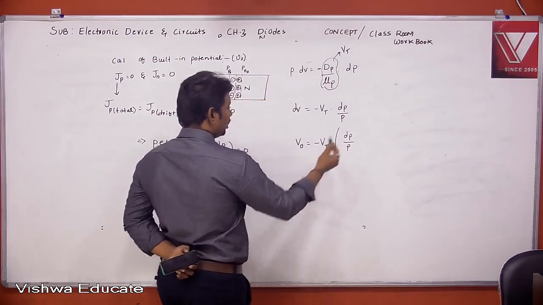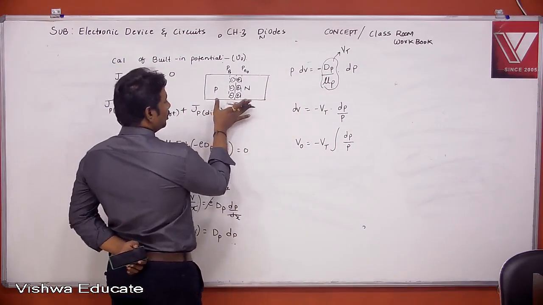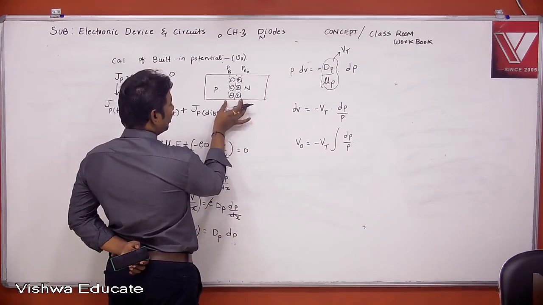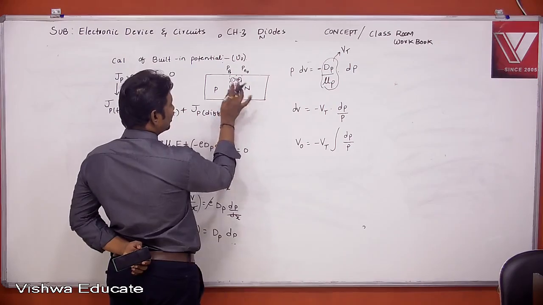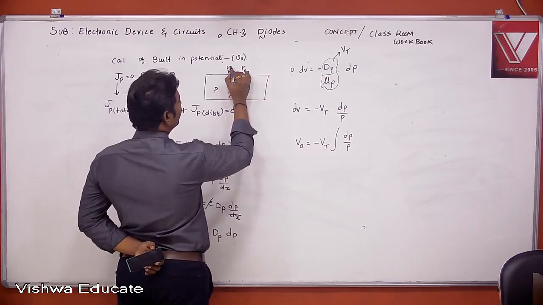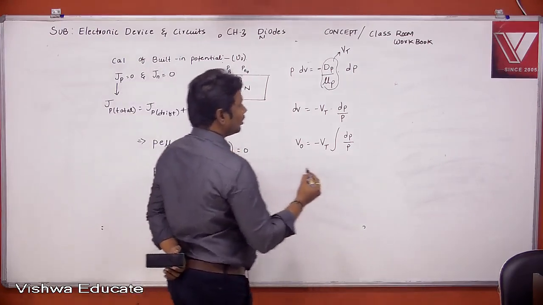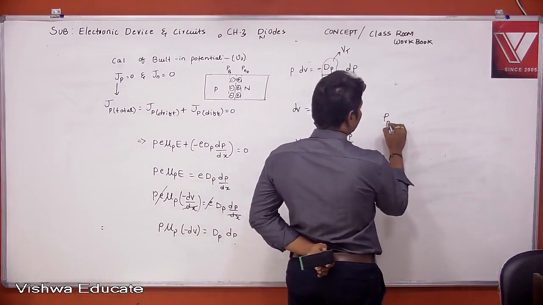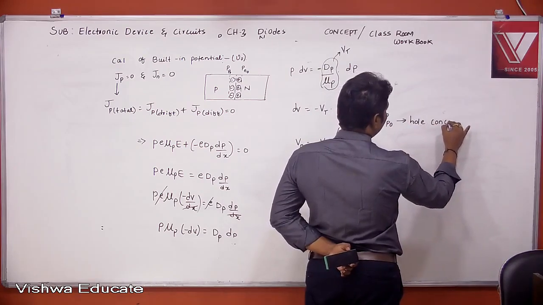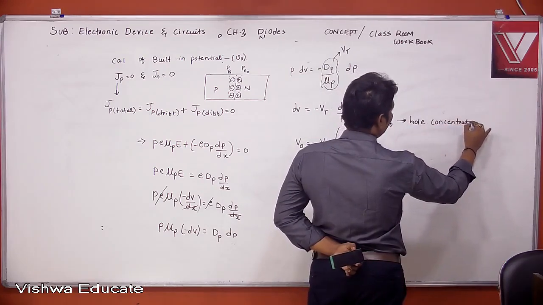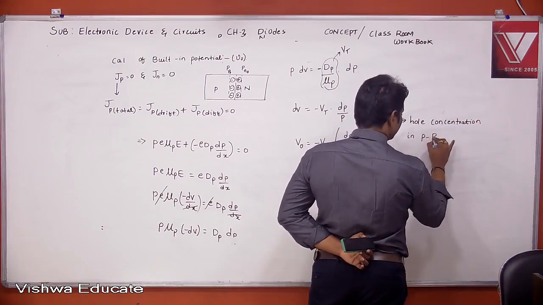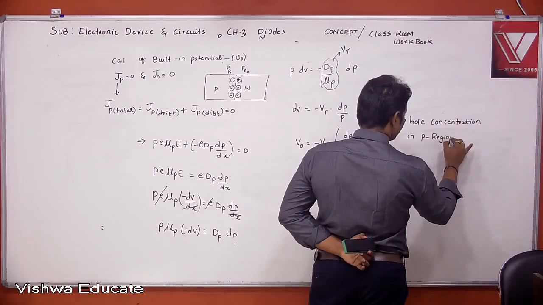right? See here, we want to calculate the built-in potential, right? Built-in potential means this one actually. Here the concentration varies from PP0 to PN0. What is this PP0? This PP0 is nothing but hole concentration in P region, right?